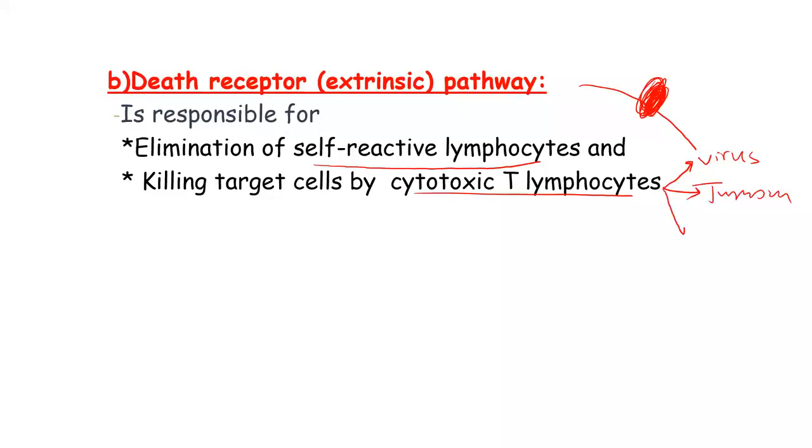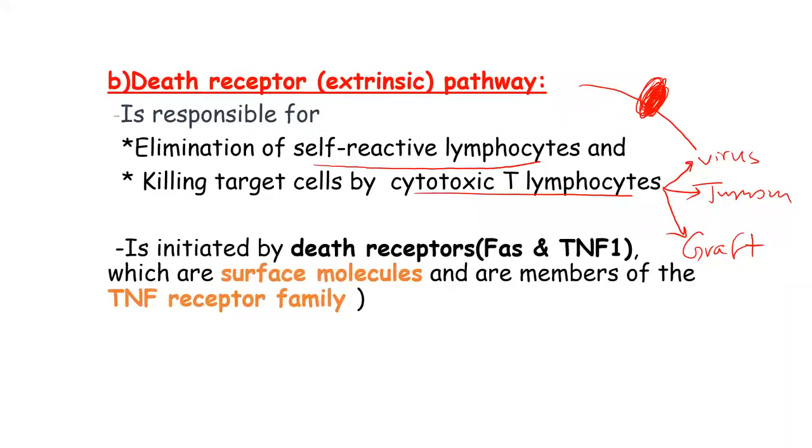And lastly, the unwanted effect is graft rejection or transplant rejection, where cells are recognized and killed by the process of apoptosis. So these are the 2 main triggers for the death receptor pathway: self-reactive lymphocyte elimination and killing of target cells by cytotoxic T lymphocytes. It is initiated by a death receptor, which is FAS or TNF receptor 1.